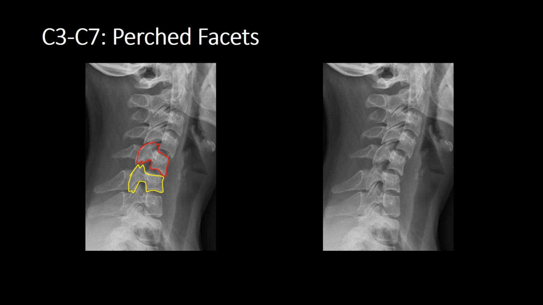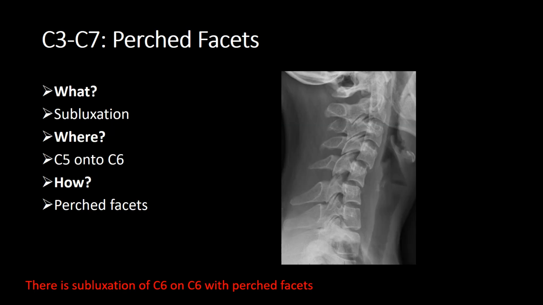All right, so let's carry on to the next slide to learn how to describe for what, where, how. So what is it? It's subluxation. Where? C5 on C6. How? Perched facets.